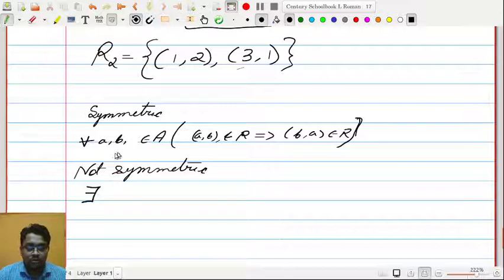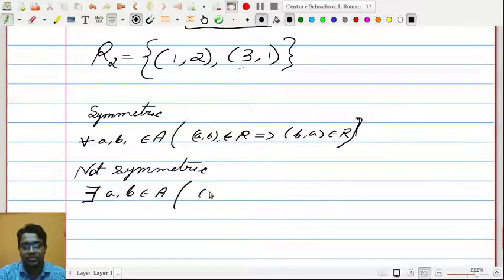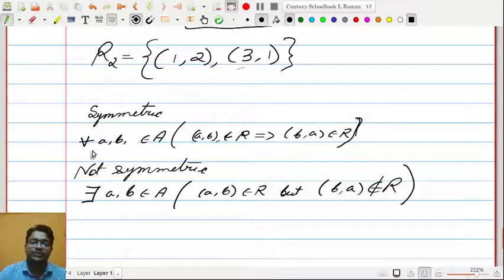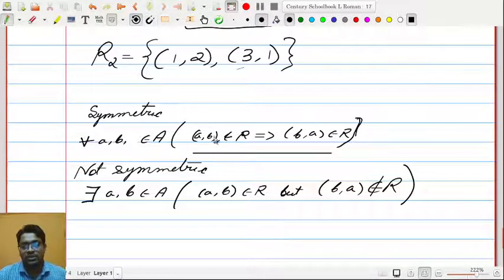A relation will be not symmetric if we can find some a and b inside A such that this implication is false. What is meant by implication is false? It means (a, b) is there, but (b, a) does not belong to R. A relation is symmetric if given any a and b inside A, the implication is true: whenever (a, b) is in R, (b, a) should be in R. So it is not symmetric if there exist some elements a and b inside A for which the implication is false.